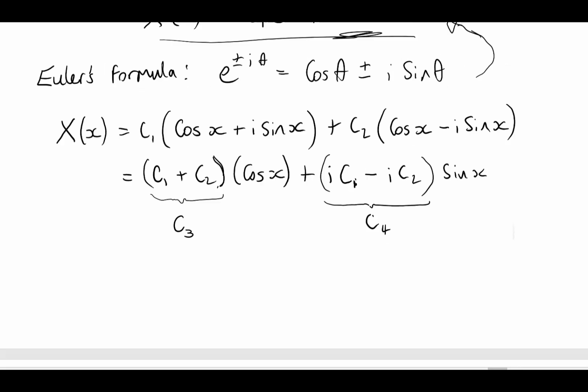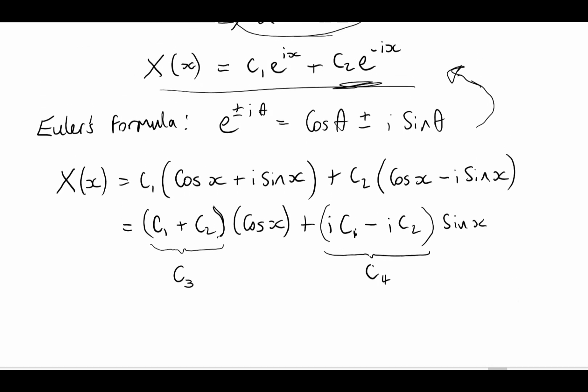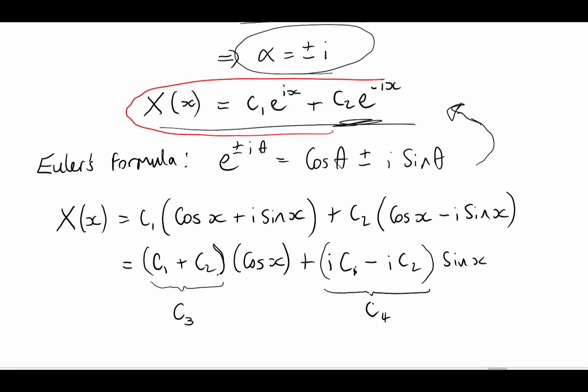On the one hand, we've got a solution that involves constants C1 and C2. So x is equal to C1 e to the ix plus C2 e to the minus ix.